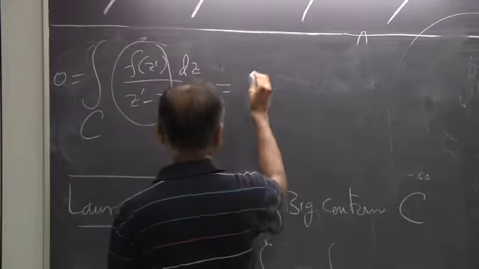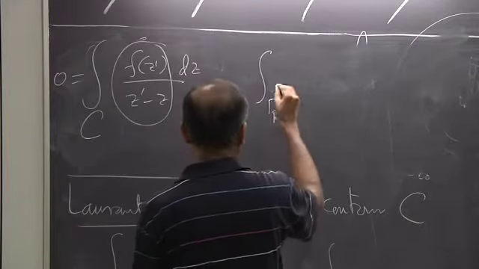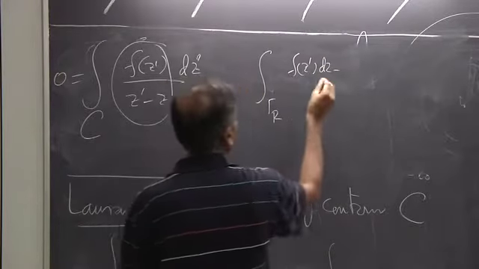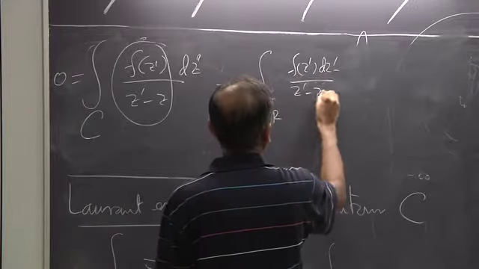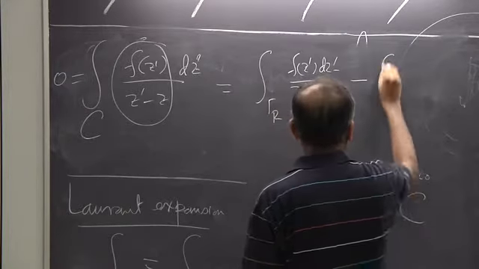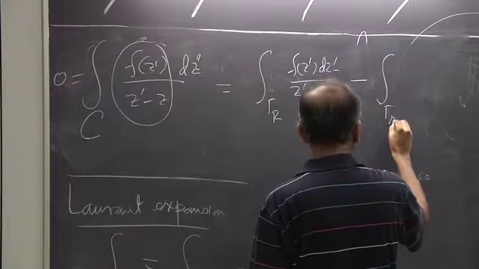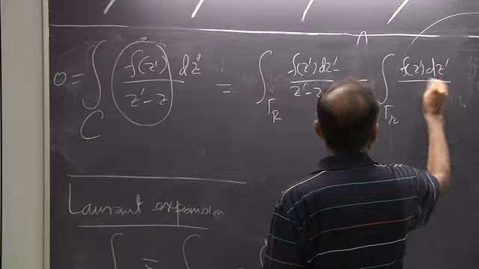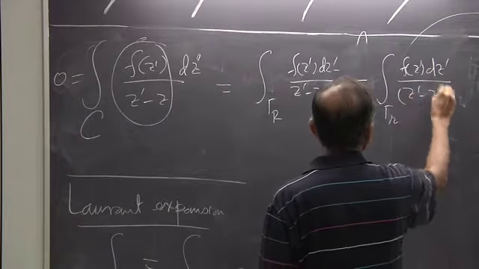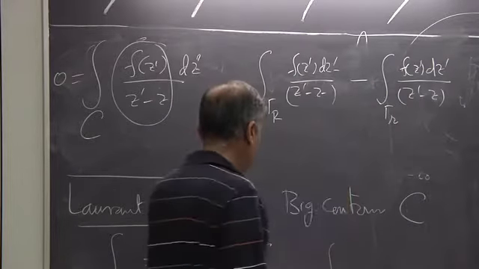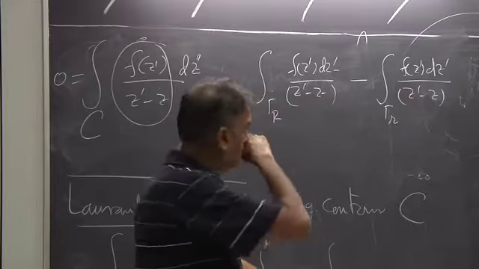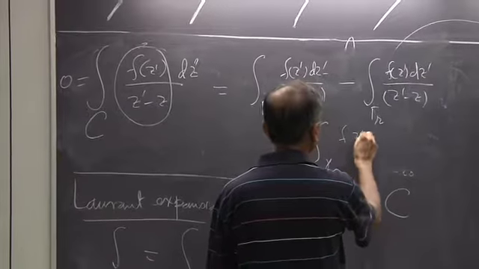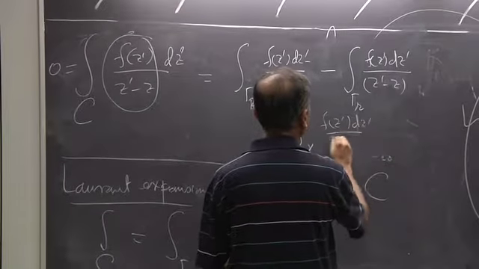So what we are seeing is that this is the same as the integral over gamma R of the same quantity, f of z prime dz prime over z prime minus z, minus the integral over gamma small r of f of z prime dz prime over z prime minus z, and then minus the integral over gamma of f of z prime dz prime over z prime minus z.